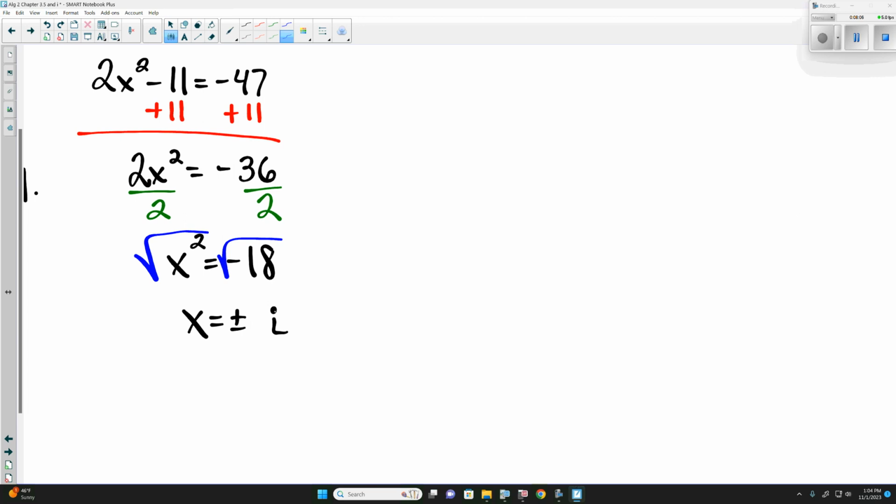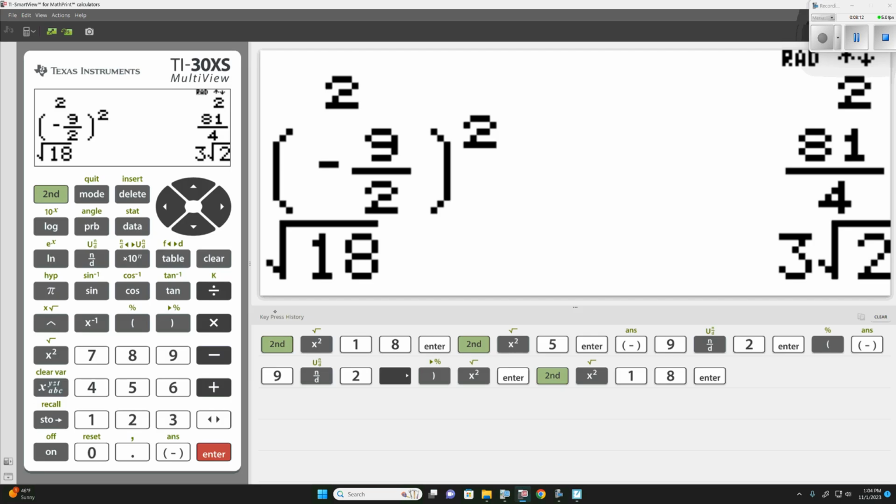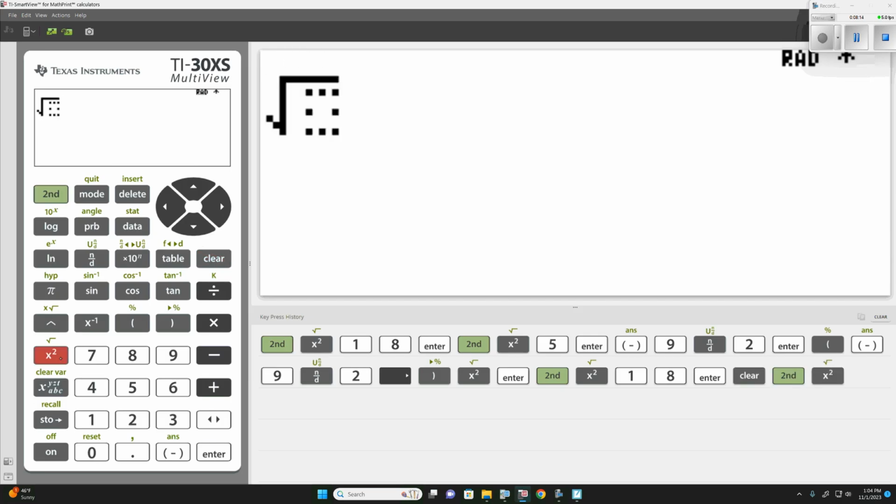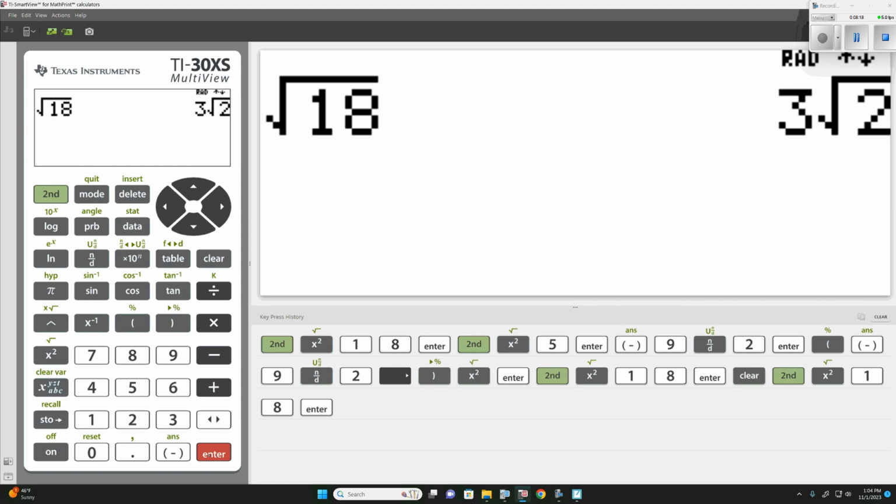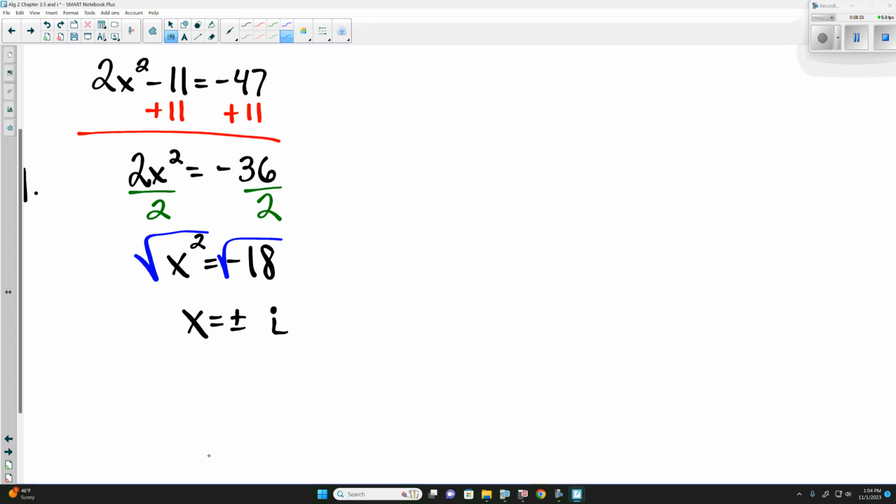What we can do is pull the negative out, leaving us with just the square root of 18. And if we take the square root of 18, we get 3 square root of 2. But I didn't plug in the square root of negative 18. I plugged in the square root of 18. That's what I did.